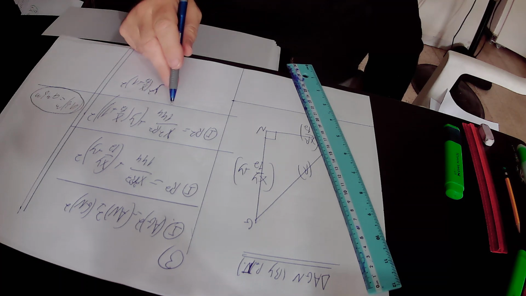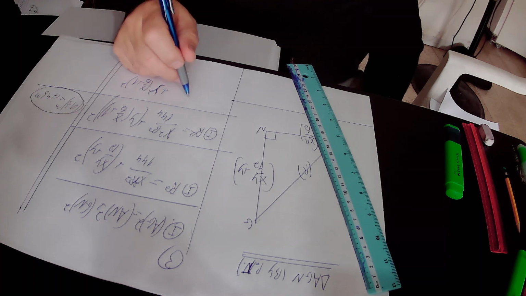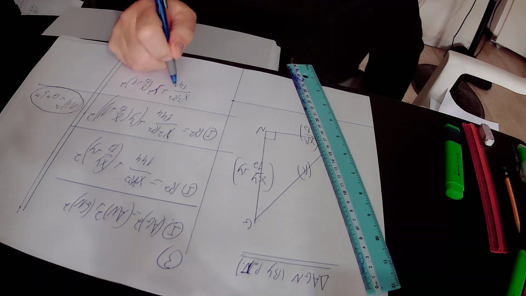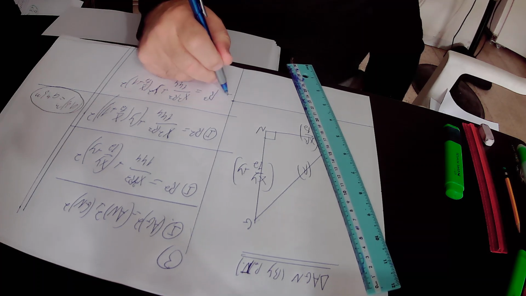And I'll copy this expression here. It is plus x squared times r squared over 144, and it equals r squared according to equation 1.